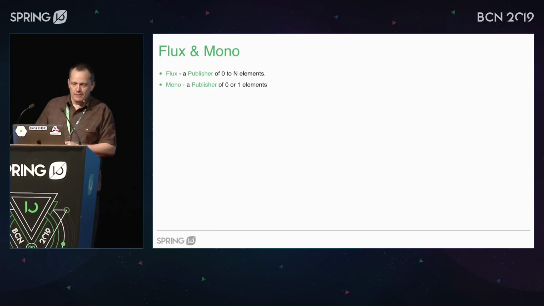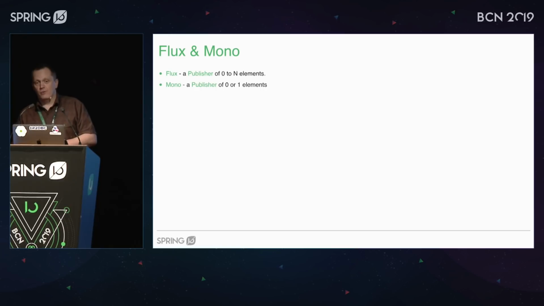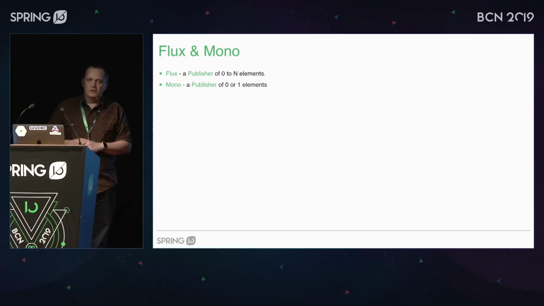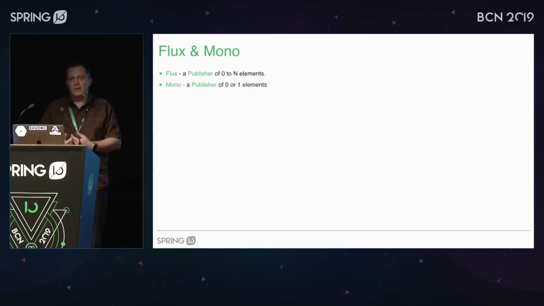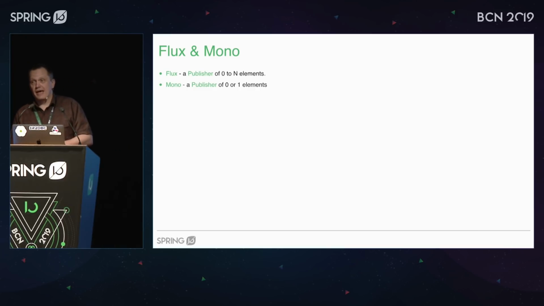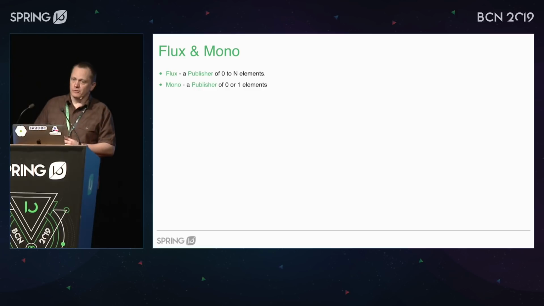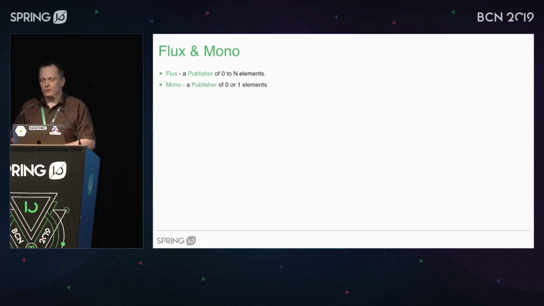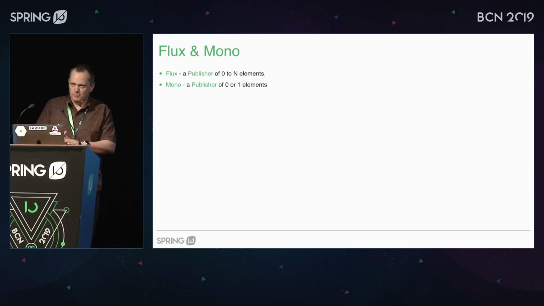There's this more specialized type, which is a Mono, which is a publisher of 0 or 1 elements. The reason this was done was mainly a real-world decision, that not everything is a Flux. Sometimes you're making a call and you're expecting to get back a single value, or potentially no value at all. So for code optimizations and for being able to work in the real world with this tool, it can be handy to narrow things down and say, here's a Mono, so here are the methods that are specific to this particular thing.